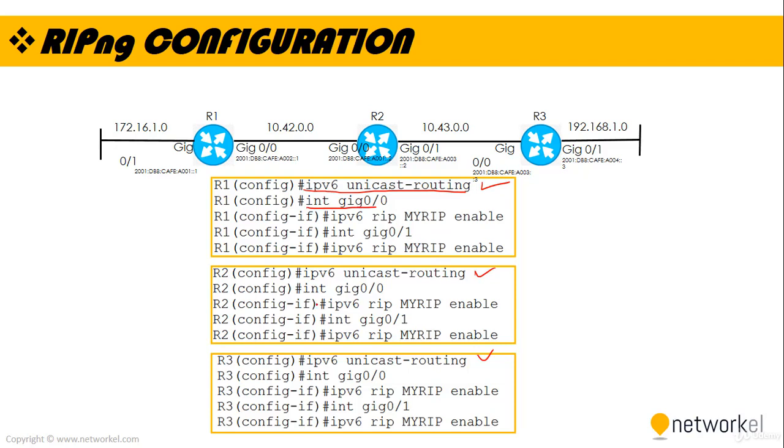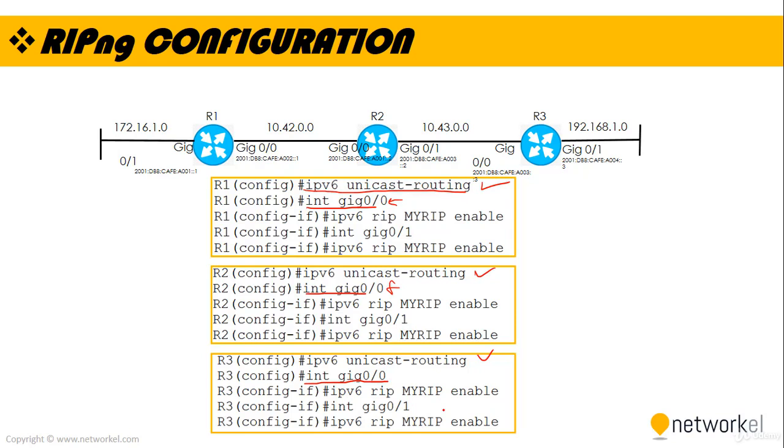Then we are getting into the interface modes. Here is the difference from the RIP configuration. In RIPng, while we are using RIP Next Generation for IP version 6, we are configuring the IPv6 statements under the interface modes, as you can see in here.